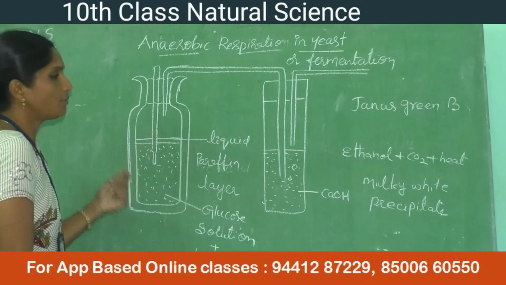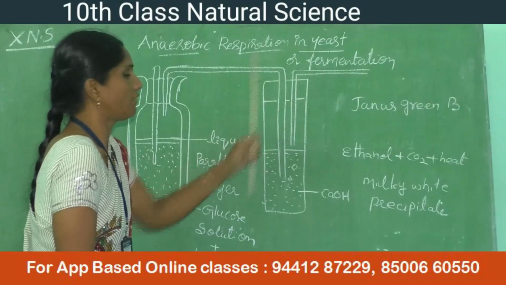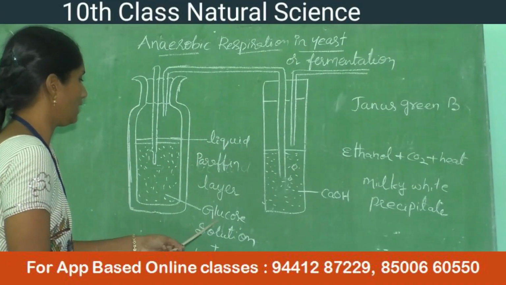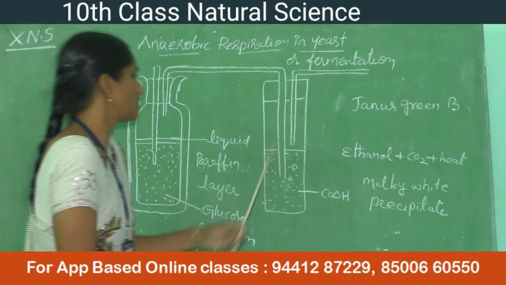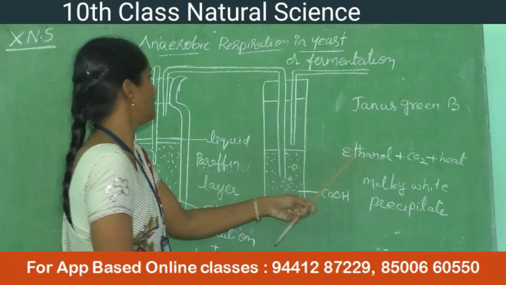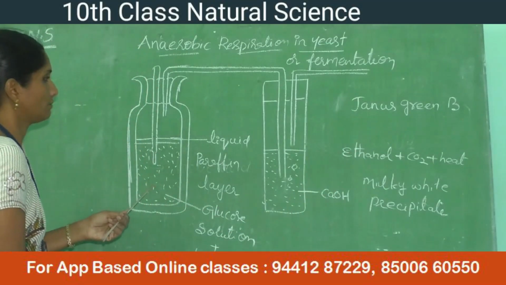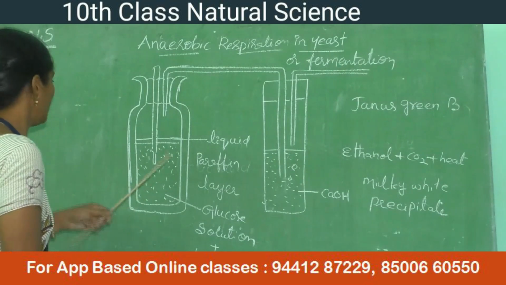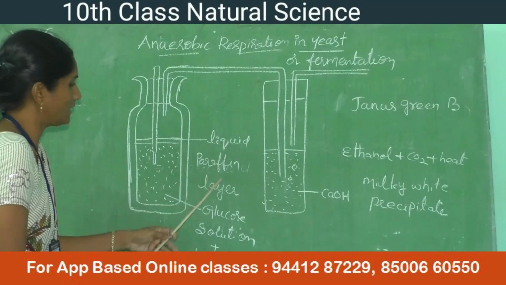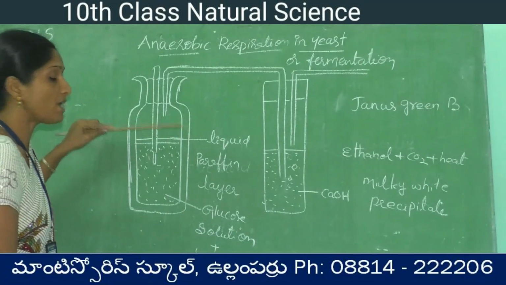So we can prove that heat is released from anaerobic respiration or fermentation by the action of yeast on the glucose solution. And the first and very important one is ethanol. To prove it, we remove the liquid paraffin layer from the glucose solution and we find one type of smell.